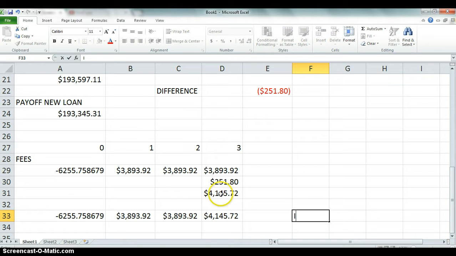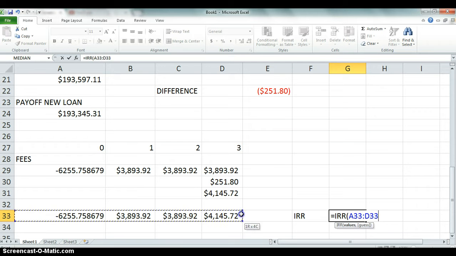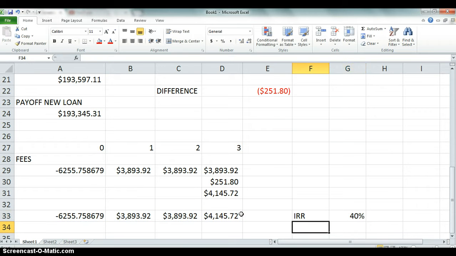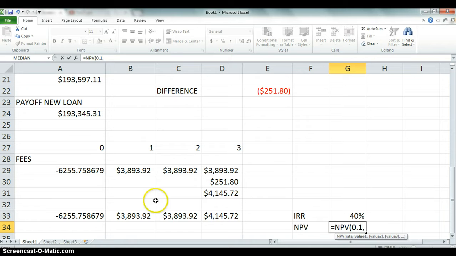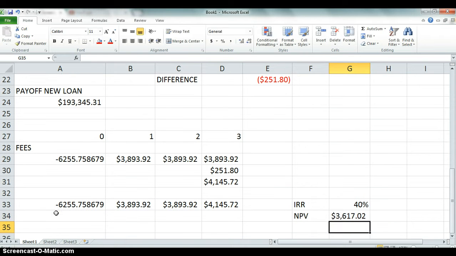So now we're able to calculate IRR with all these cash flows and NPV. In this case, for the NPV, our rate of return is 10%, and our values are 1, 2, 3 plus fees.